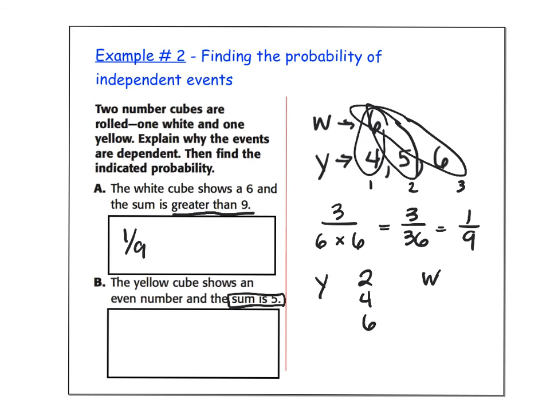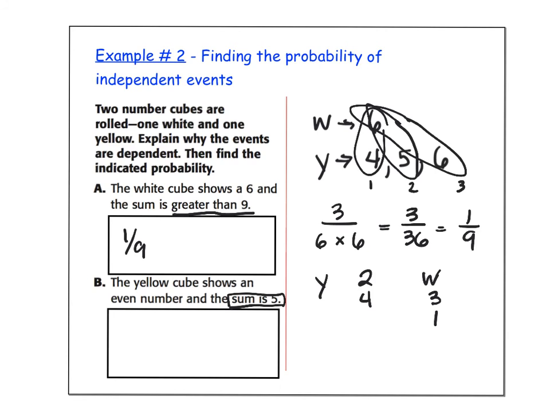So the white would have to be 3 if the yellow was a 2. It'd have to be a 1 if the yellow was a 4. And it couldn't work with a 6 because that would be higher than 5. So that choice is eliminated. We'll go ahead and eliminate 6. That's not a possibility.